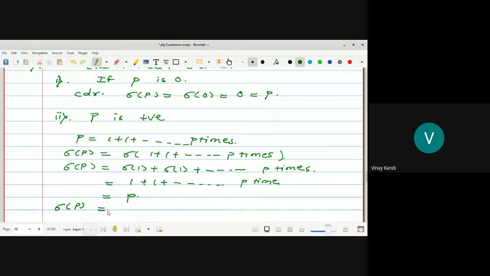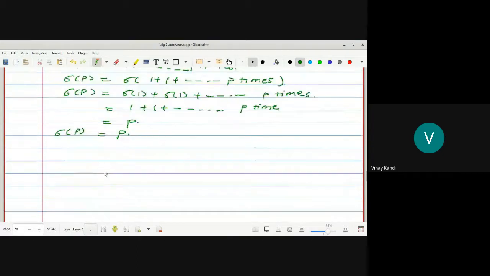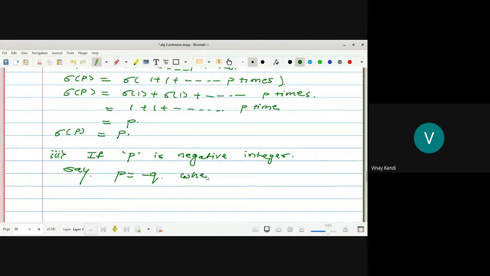In case number 3, if p is a negative integer, then say p is equal to minus q, where q is a positive integer.